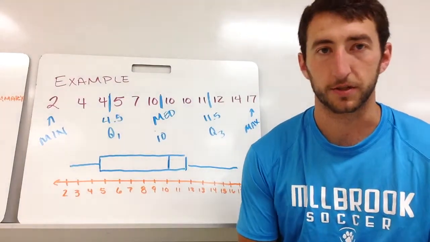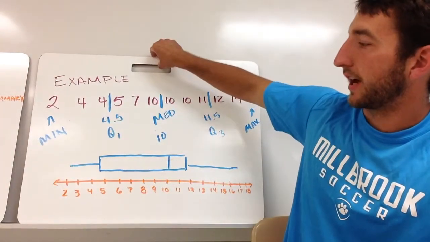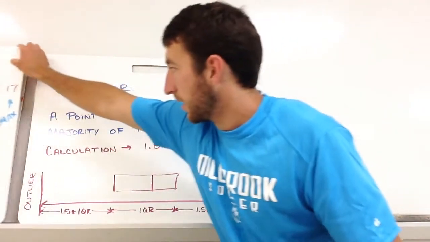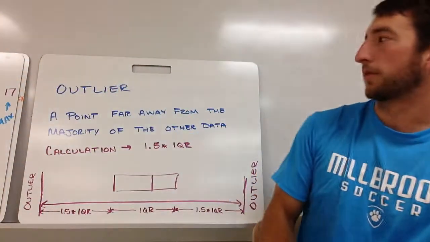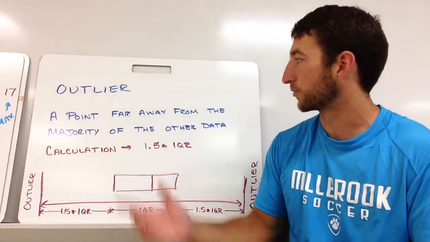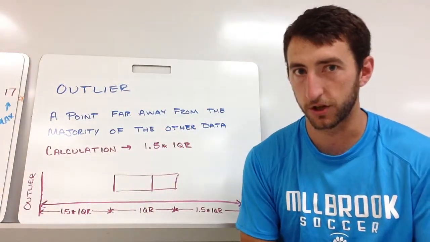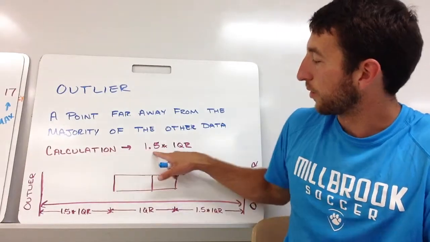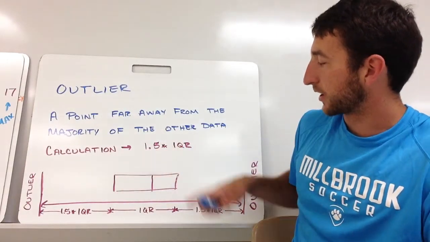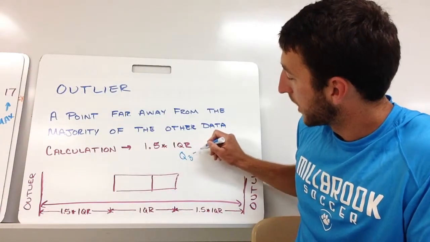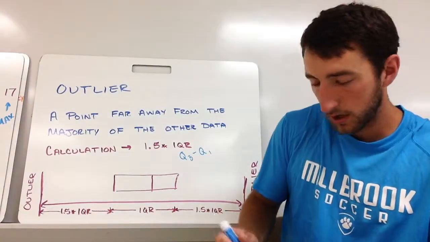Now there's a specific calculation that we need for the outlier. Remember, an outlier is just a point that's really far away from the majority of the other data. And the calculation that you're going to need to do is 1.5 times the IQR. Remember the IQR is Q3 minus Q1.